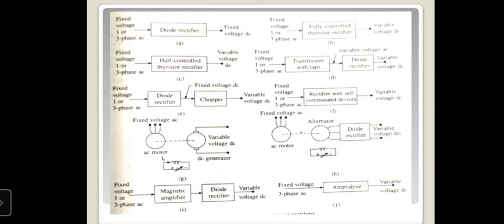I am saying that at the time of 1950, suppose you are in 1950, there is no power electronics device available. That means there is no thyristor or power MOSFET or IGBT.